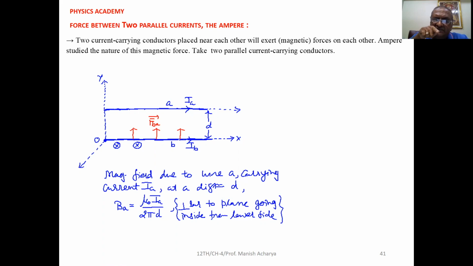So direction is perpendicular to the plane of paper going inside. So that is negative Z direction. So this particular magnetic field produced by current carrying wire A, that is in negative Z direction.